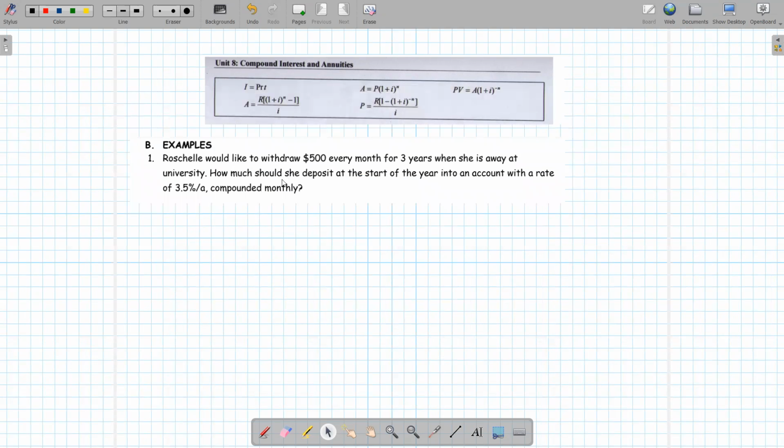Read this question. This person wants to withdraw 500 every month for 3 years when she's away at university. How much should she put in now? Is the question. So what kind of a question is this? You have the options up there in terms of the formulas.